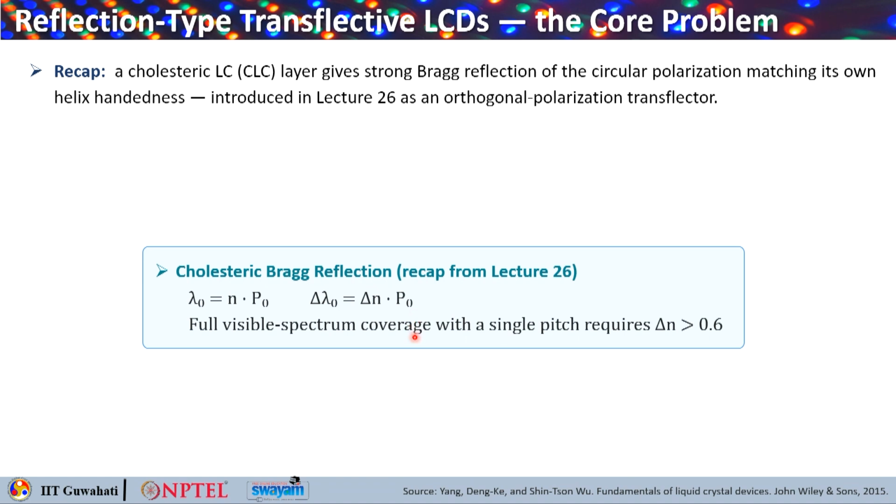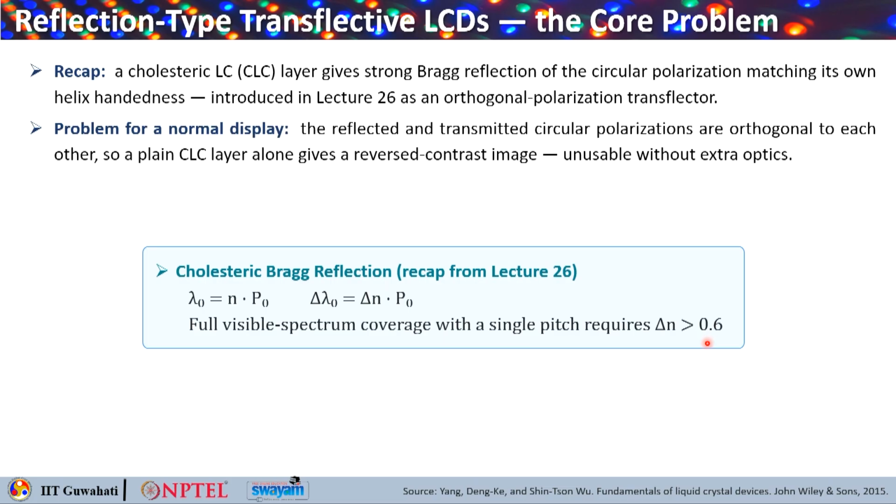Now for full visible spectrum coverage with a single pitch, you require delta n to be greater than 0.6, right?